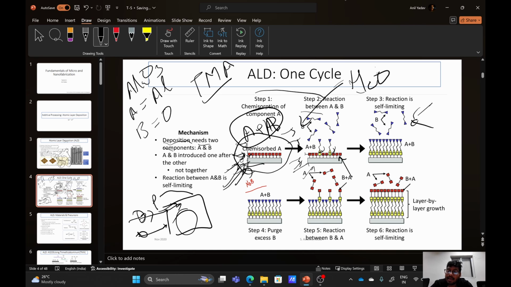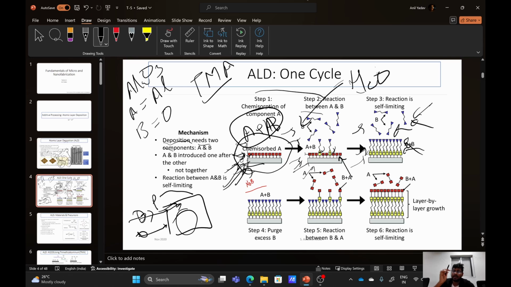In this case, only a single molecule will react, and the substrate will be covered with B molecules, ending with B molecules. There will be some extra precursor in the chamber.